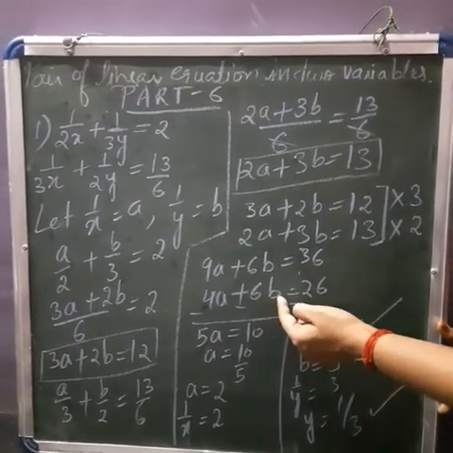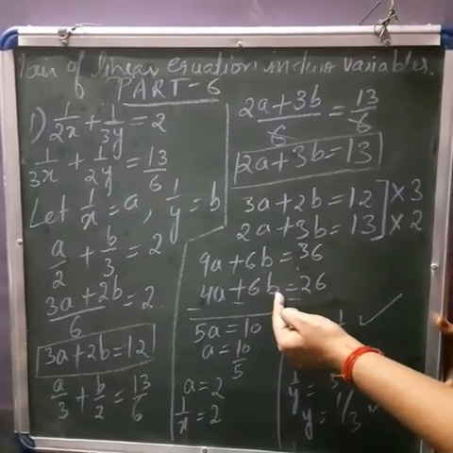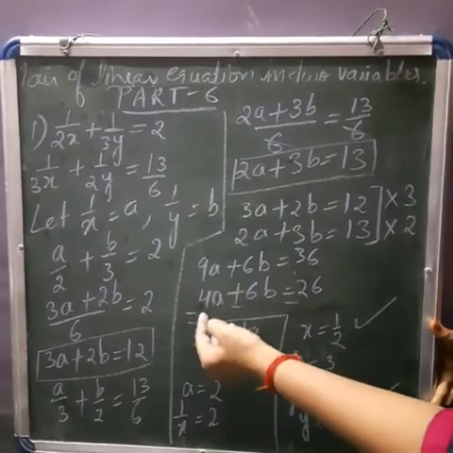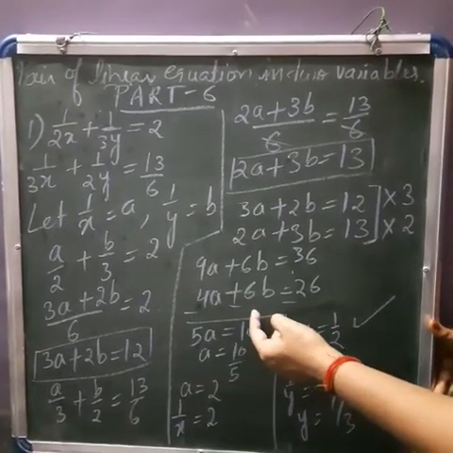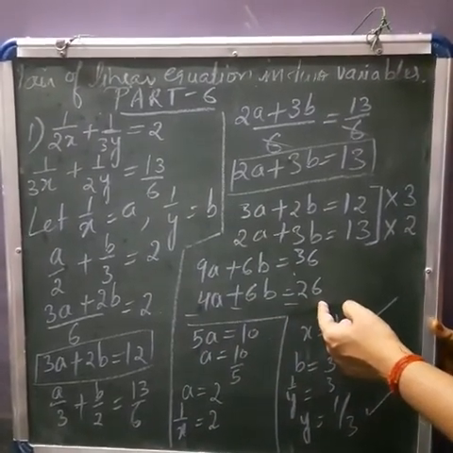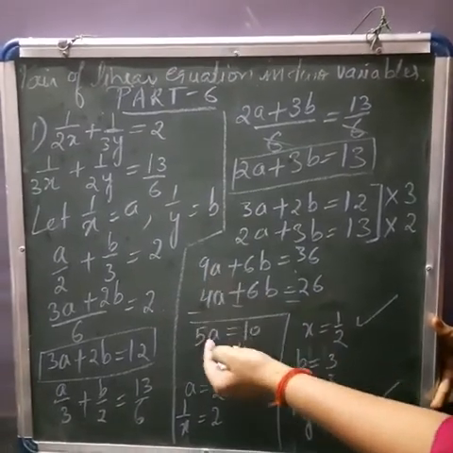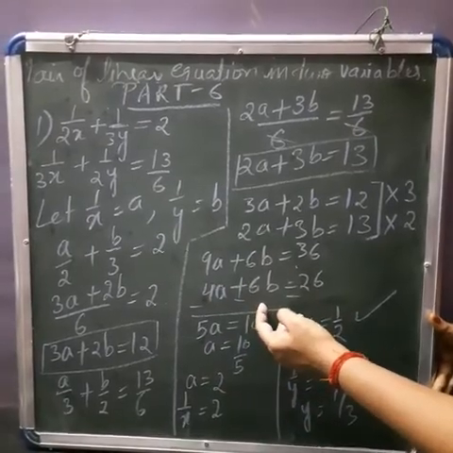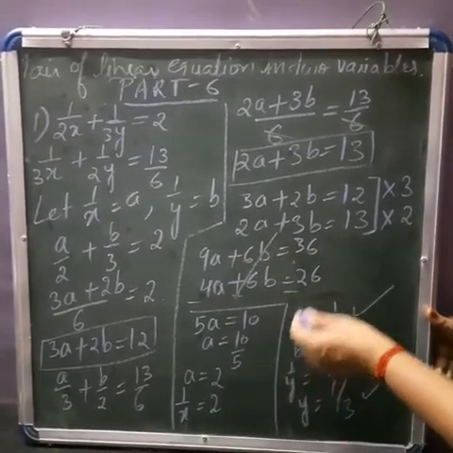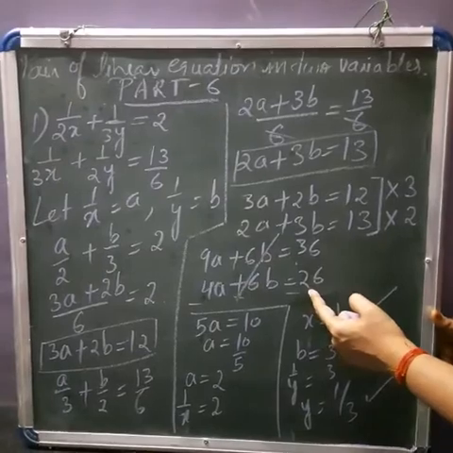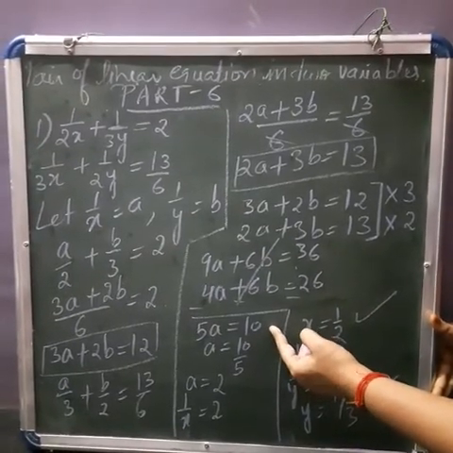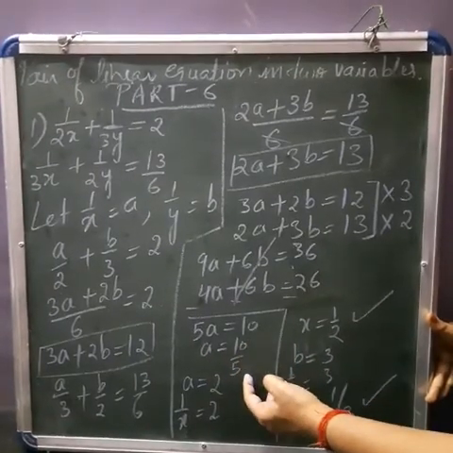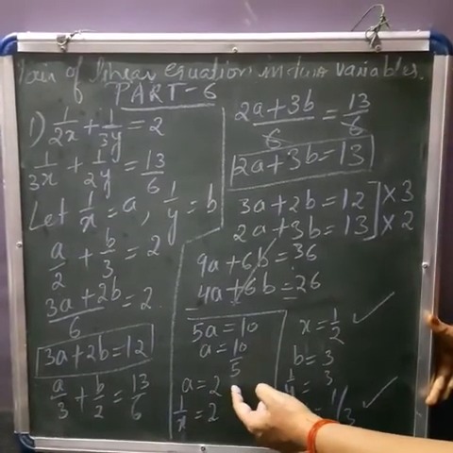You will change the sign of the second equation to eliminate b. It will be minus 4a, minus 6b, minus 26. So 9a minus 4a is 5a, plus 6b minus 6b will be cancelled, and here 36 minus 26 is 10. So 5a is equal to 10, a is equal to 10 by 5, and a is equal to 2.